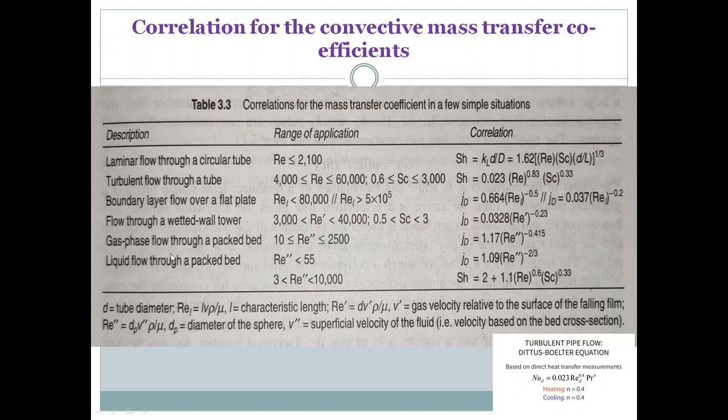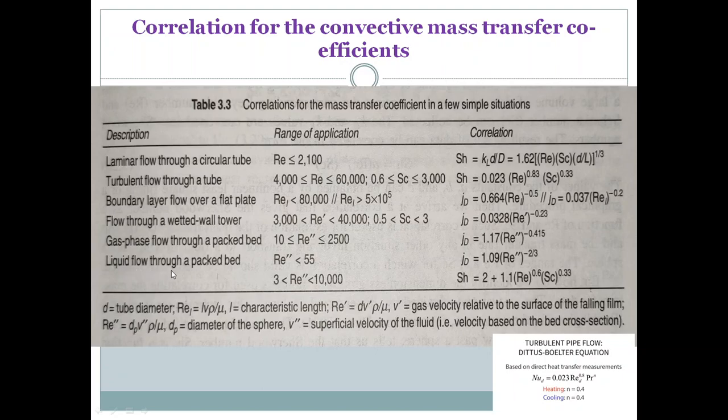For gas flow through a packed bed, if you see the Reynolds number in this range, where the Reynolds number is calculated based on this, where V dash is the superficial velocity, then JD equals 1.17 Reynolds number to the power minus this.